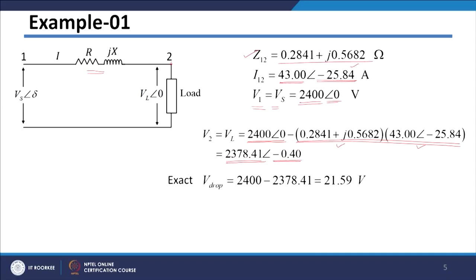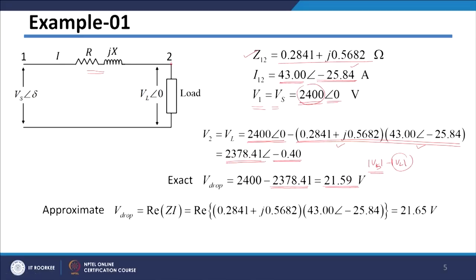So if you calculate the drop, Vs minus VL, your Vs is 2400 magnitude, minus your VL, which is 2378.41. So the exact voltage drop is actually 21.59.